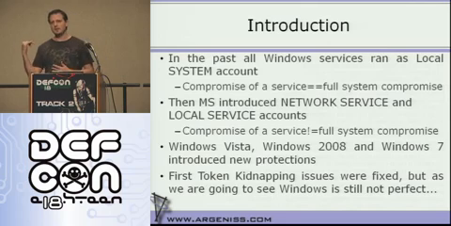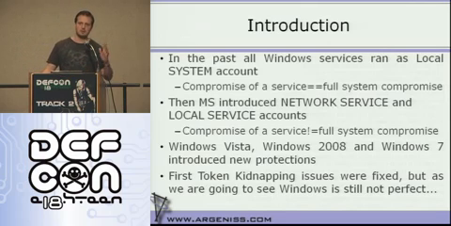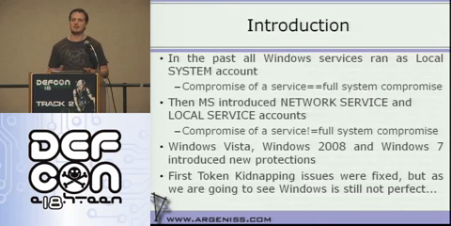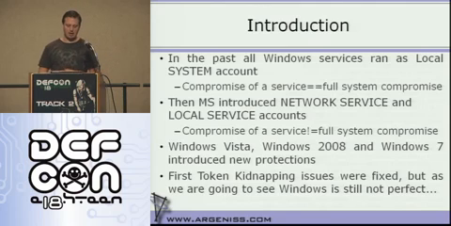In the past, think about Windows 2000 and before, all the Windows services used to run under the local system account, which is the most powerful account on Windows operating systems. So if a service was compromised, then all the system was compromised. Then, with Windows 2003 and XP, Microsoft introduced a couple of new user accounts called Network Service and Local Service.